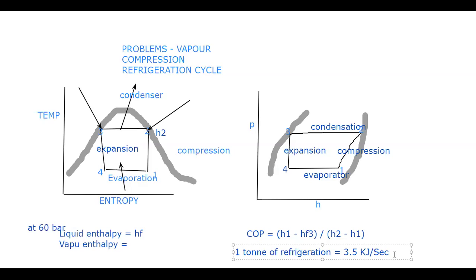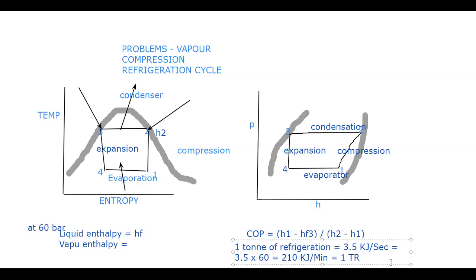Is it clear? So remember this. If I convert this into per minute, that means 3.5 into 60, which is 210 kilojoules per minute. If I am extracting 210 kilojoules per minute of heat, then it is called 1 ton of refrigeration. Generally 1 TR means 1 ton of refrigeration, which means 210 kilojoules per minute. Understand?